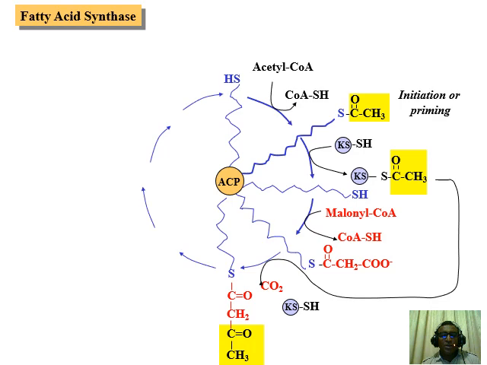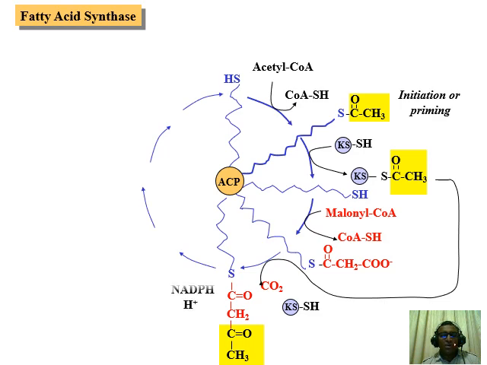The ACP now will have the ketoacyl group, and 1 carbon of the malonyl will be released out as carbon dioxide. The 3-ketoacyl group does not have the shape that is necessary for acyl or fatty acid. Therefore, further modification needs to be done.